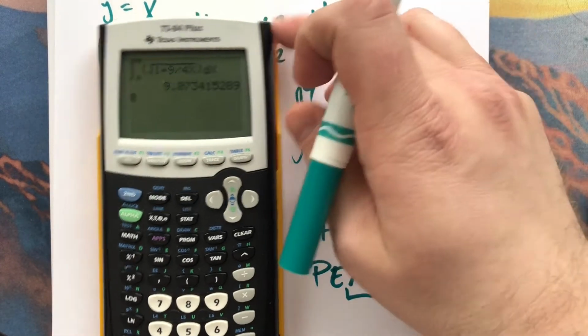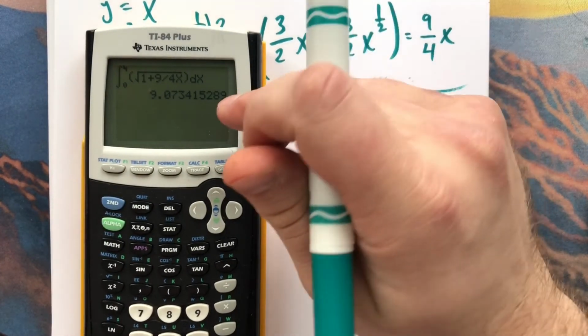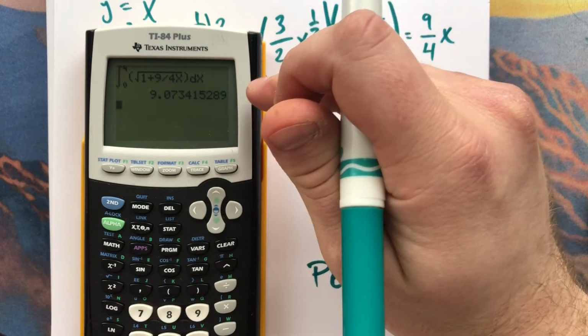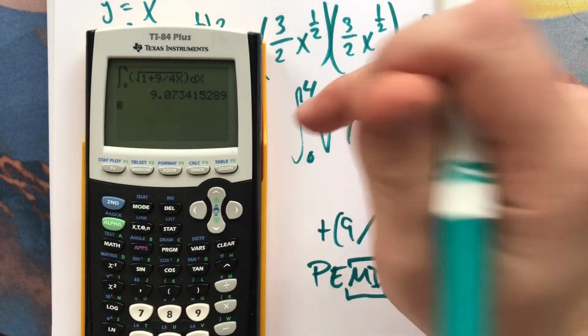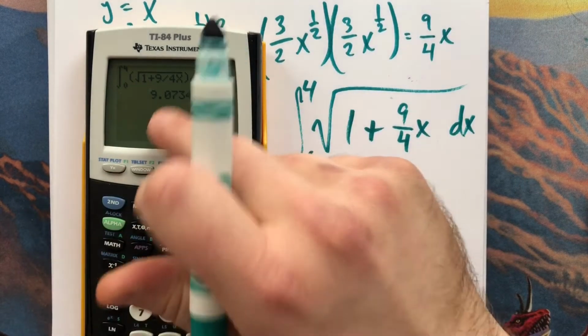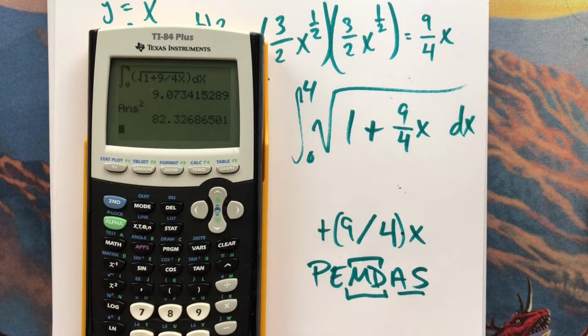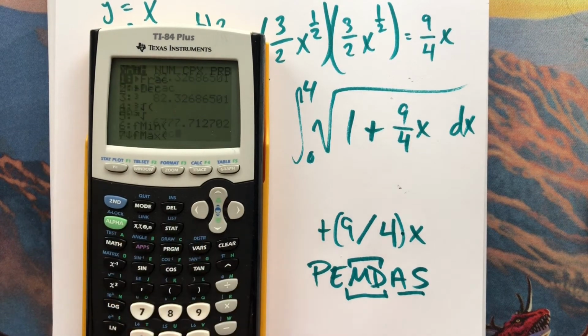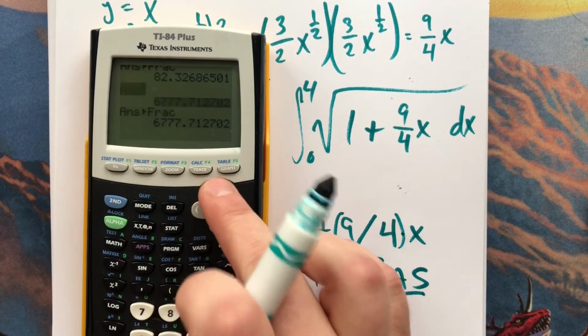So here's another little trick that I like to do. Since our answer likely has square roots in it, I like to square my answer that I get here and convert it to a fraction. Dang. All right.